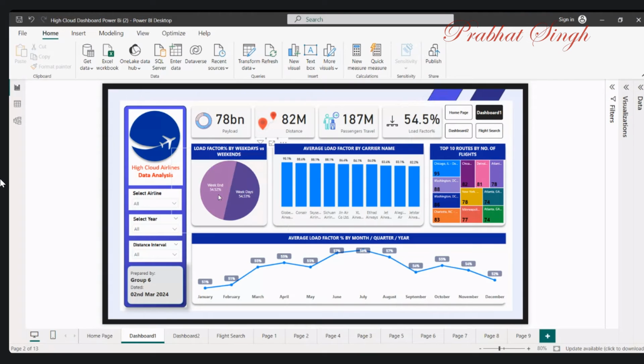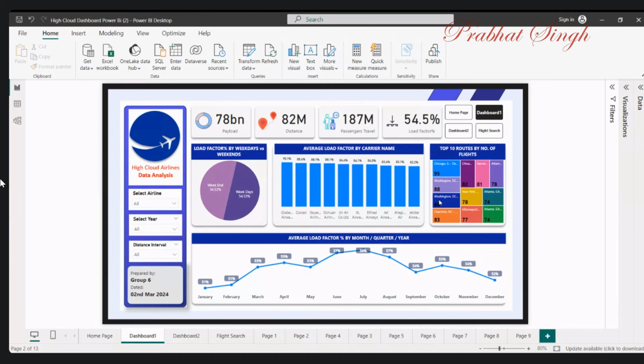In the given pie chart, it is 54.52% for weekends and 54.53% for weekdays.